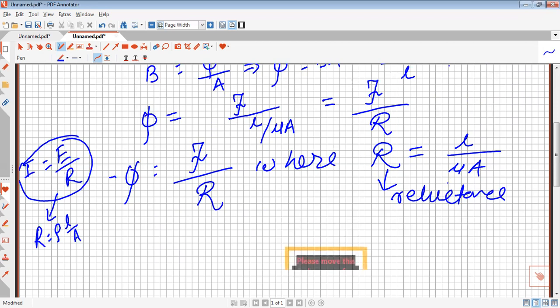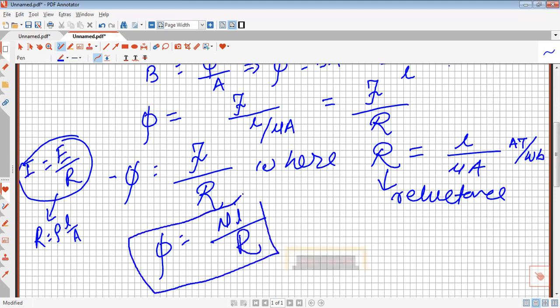The unit of reluctance will be ampere turn per Weber. The MMF is equal to N into I, so we can also write phi equal to N into I, number of turns multiplied by current, divided by reluctance.